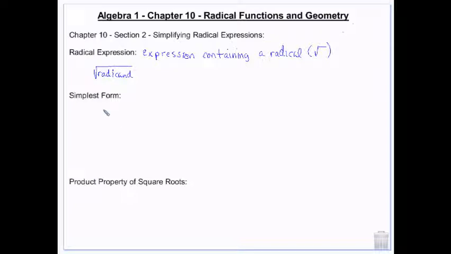Now, for a radical expression to be in simplest form, you have to have three things.